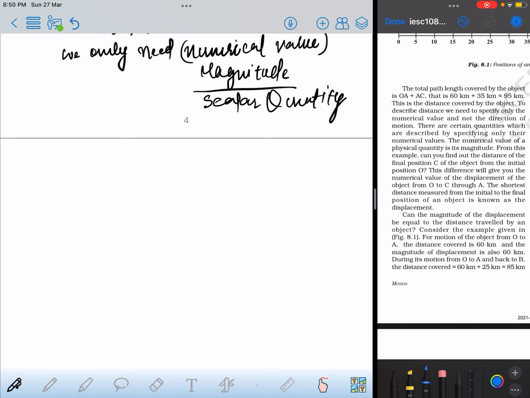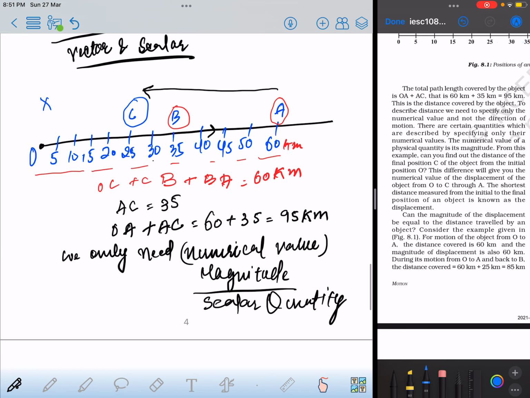Now, if we move further, the numerical value of a physical quantity is magnitude. From this example, can you find out the distance of the final position C of the object from the initial position? So he is trying to say, can you find the position of the body when it is at C from O?